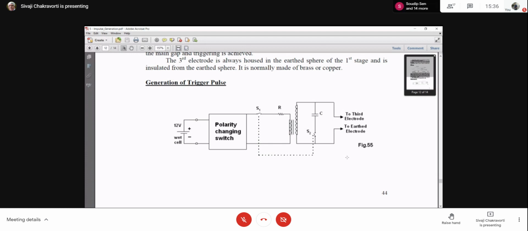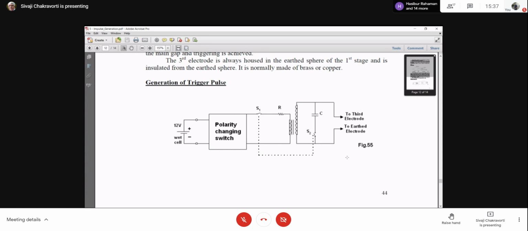Pulse transformers are a special category of transformers which work when a pulse is applied to the primary. Please remember that a pulse is also a DC, but there is a change of voltage with time, that means dV/dt. If there is a change of voltage with time, then there will be a change of flux linkage, and that will induce a voltage in the secondary.